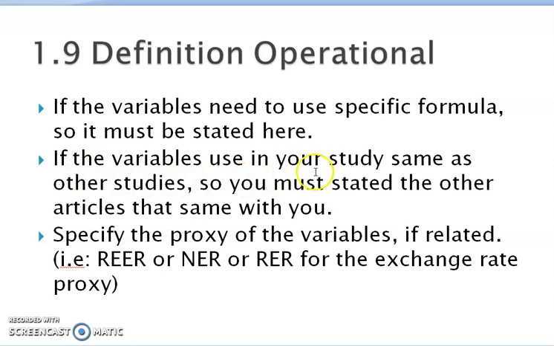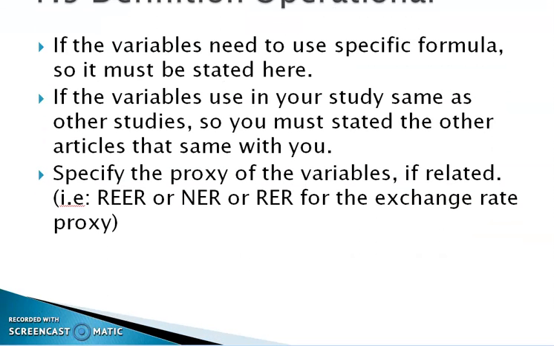If the variable used in your study is the same as in other studies, you must cite the other article that is the same as yours. Specify the proxy of the variable if related. For example, if you want to study exchange rate, what kind of data do you use? Is it REER or NER or RER? Real effective exchange rate, nominal exchange rate, or real exchange rate. You must specify in this section.